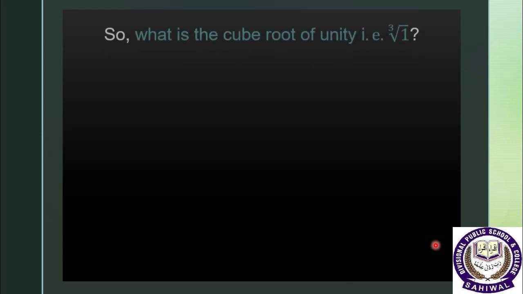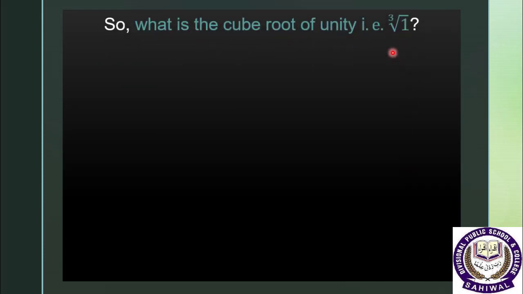Now, for the cube root of unity. The cube root of unity can be written as the cube root with the radicand 1. Let x be the root of cube root of 1.